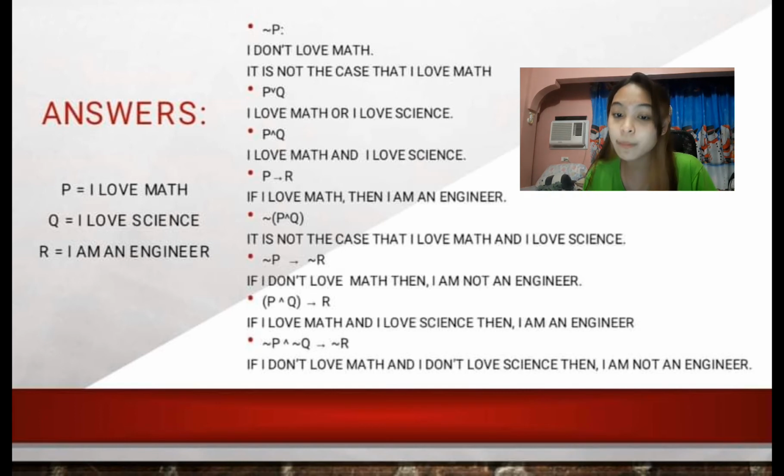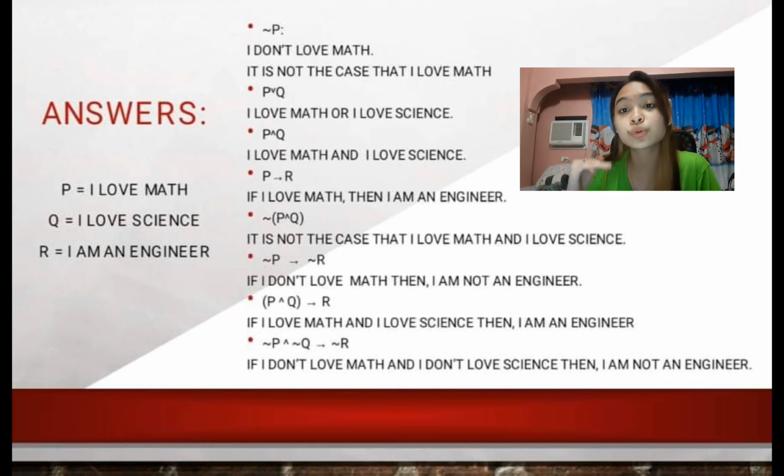Next example, if P and Q then R. Substitute first P, Q and R. P is I love math. Q is I love science. Since we have the connective and, you just substitute and: I love math and I love science.